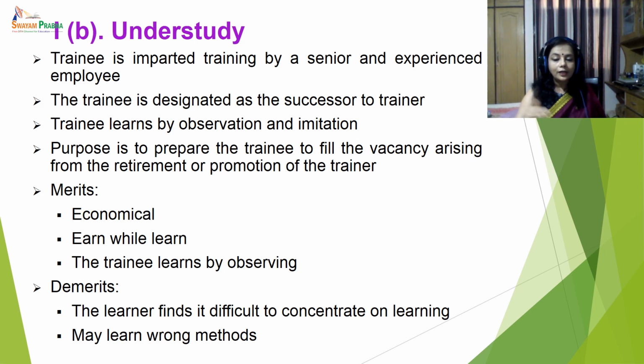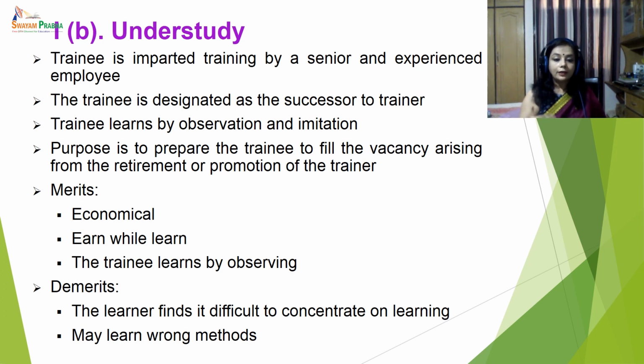So the trainee is put directly under him, so that before he leaves the job, he will make the trainee ready for the job. Here the trainee is the heir apparent to the senior or experienced person. That means when he leaves, the trainee will take up his position.